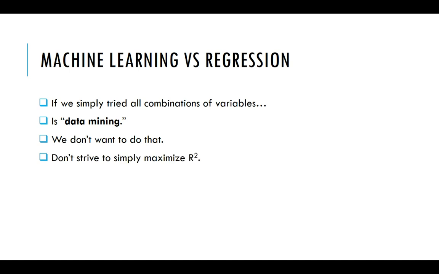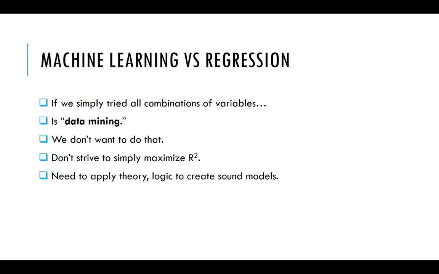In other words, whereas in machine learning the computer is simply trying to maximize our R squared, which is a measure of goodness of fit, we're not simply striving to maximize R squared. We're instead sitting down with the idea of applying theory or applying logic. It's kind of an art.